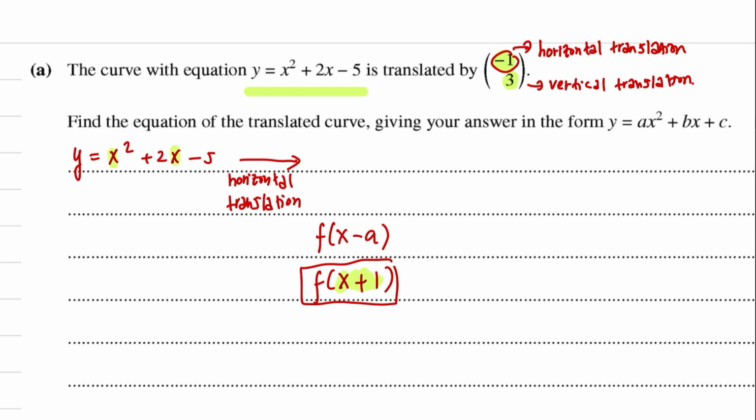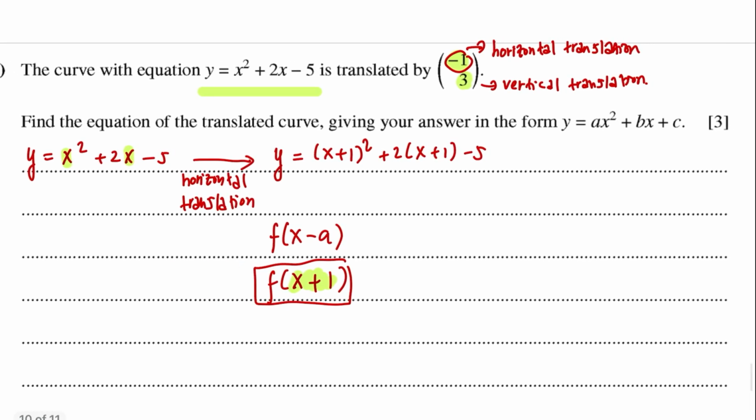So it becomes y equals (x plus 1) squared plus 2 times (x plus 1) minus 5. And after that, we do vertical translation. That means my new function, the latest one, we do vertical translation means that we add by a, or maybe b, because we already used a.